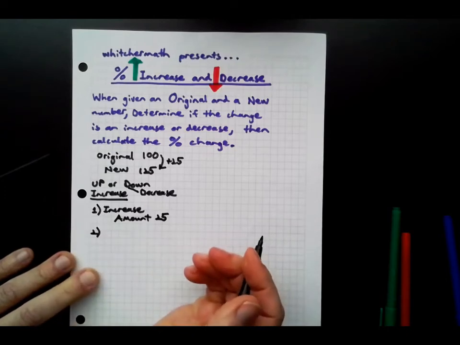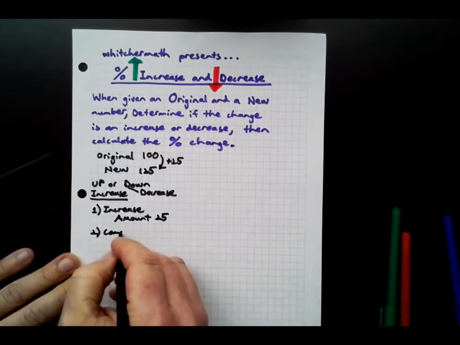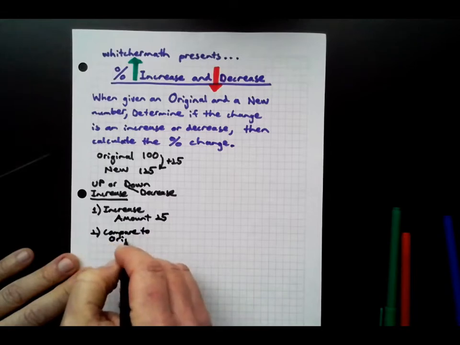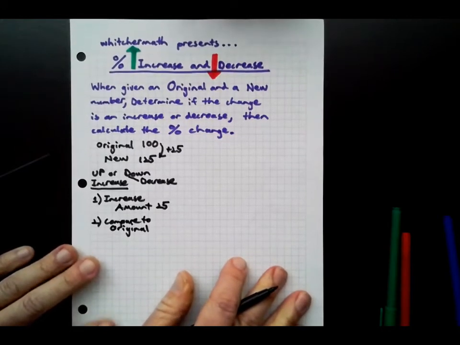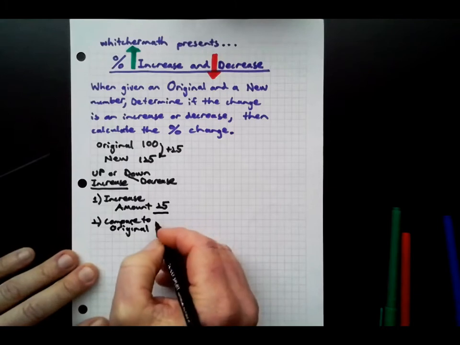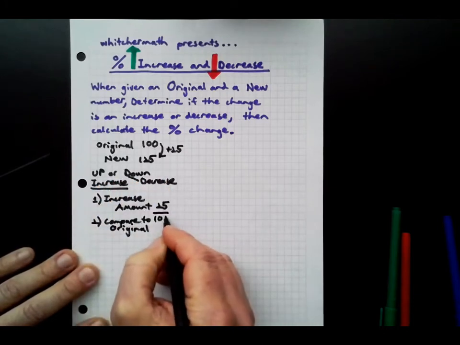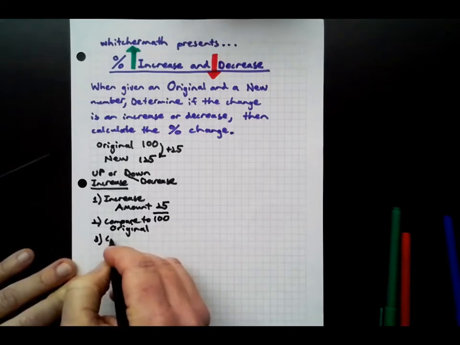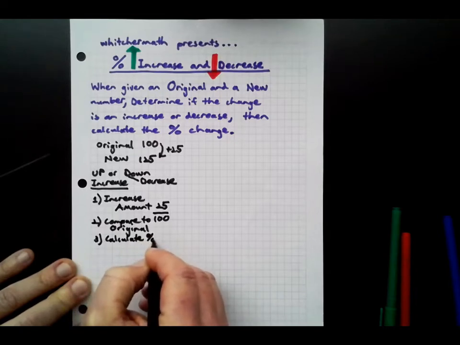So we start with the amount of increase or decrease, then we will compare to the original. We do this by making a fraction, and I put the original 100 on the bottom. Step 3, calculate the percent.